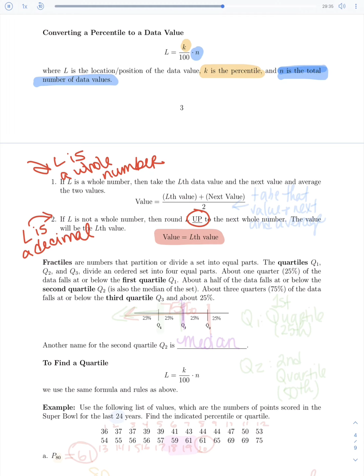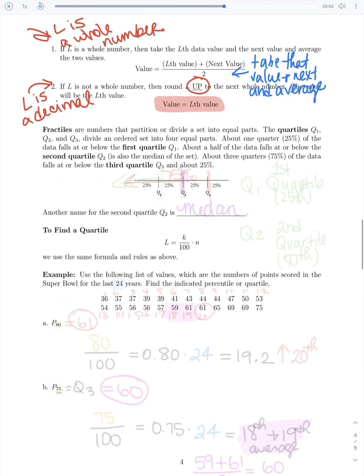That is what the formula is saying. So if L was the number 3, you've got a whole number, you take the third data value in your list and the next one, the fourth data value, and you average them.